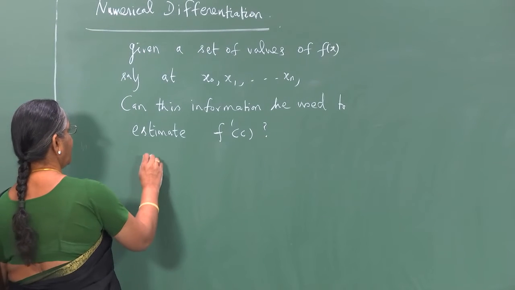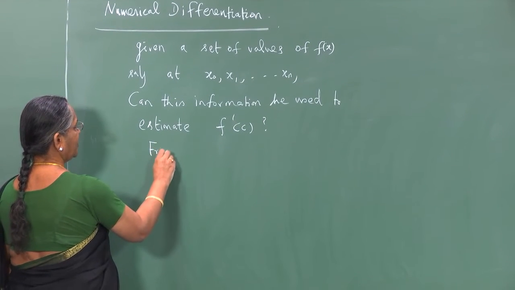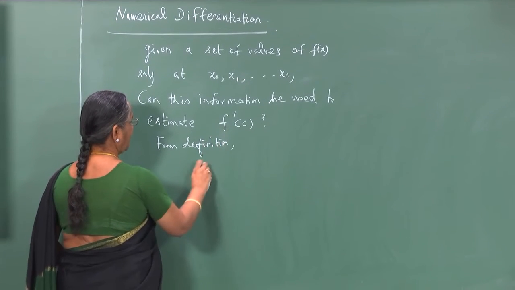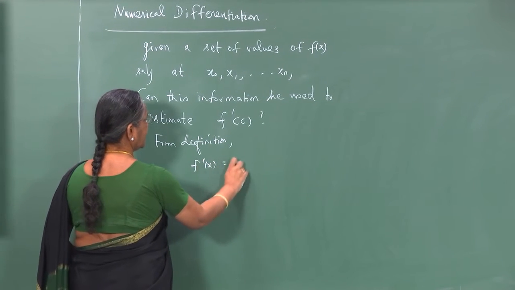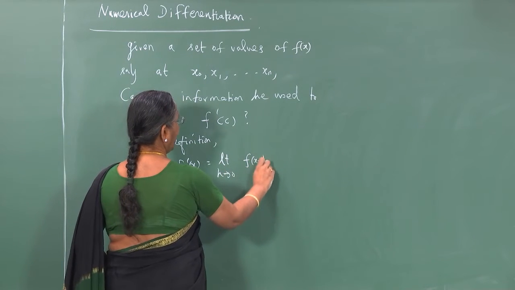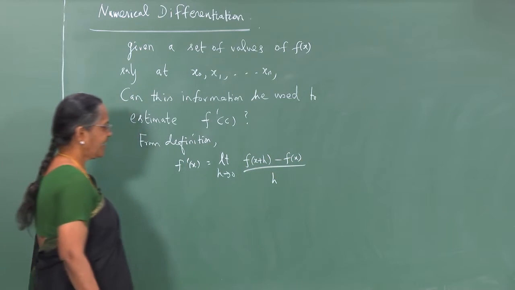So, we know from the definition of the first derivative that f dash of x is the limit as h tending to 0 of f of x plus h minus f of x divided by h.